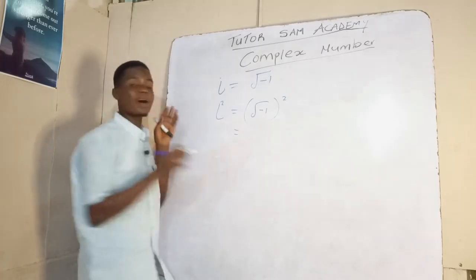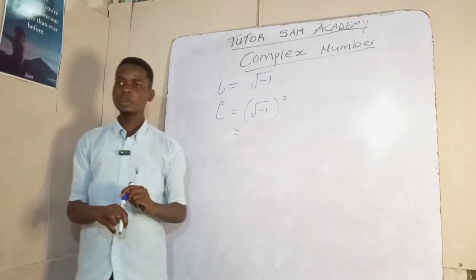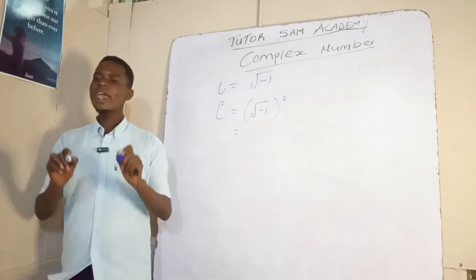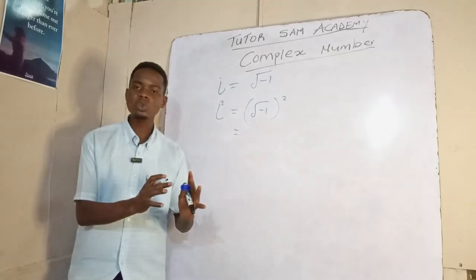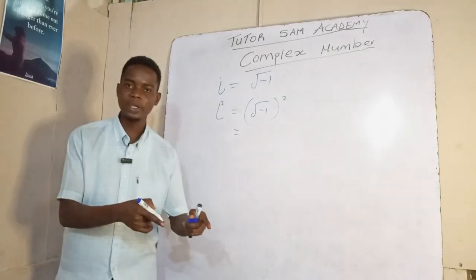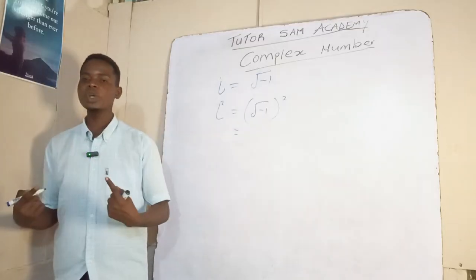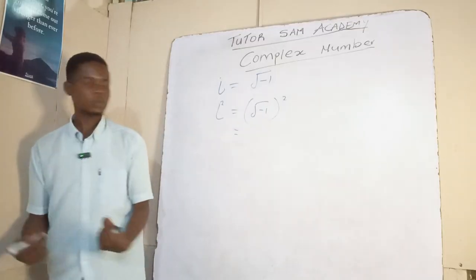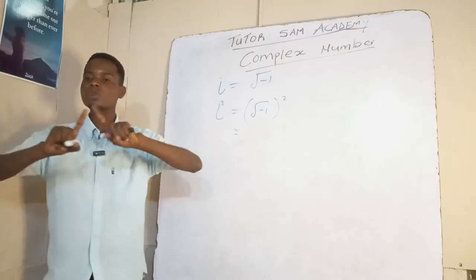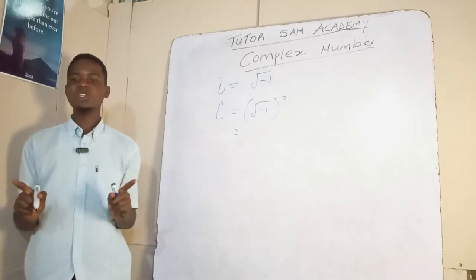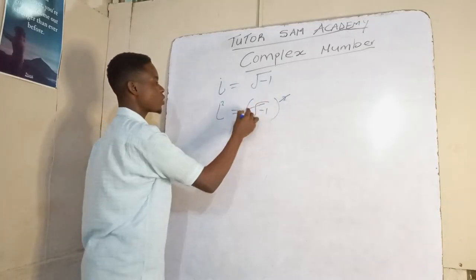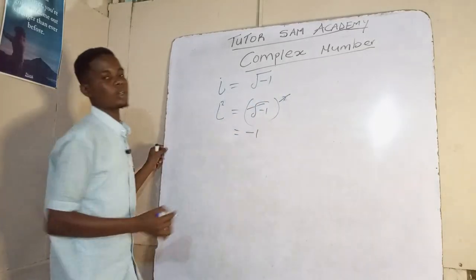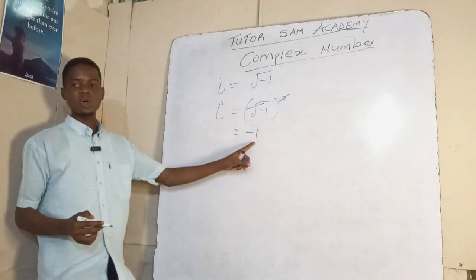Now, in mathematics, are we together? In mathematics, square and square root always cancel each other. When you have a square root and you want to eliminate it, you take the square. When you have a square and you want to eliminate it, you do what? You take the square root. So whenever square and square root meet each other, what do they do? They cancel each other. So this square can cancel this square root. If the square cancels the square root, what am I left with? Minus 1. So i square is equal to what?